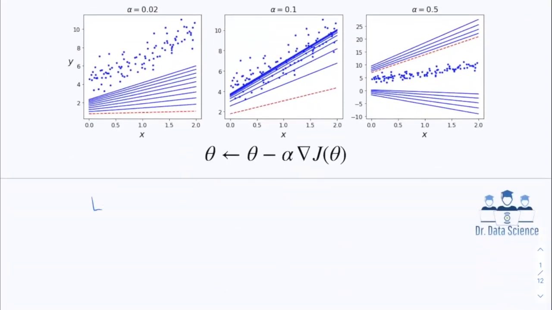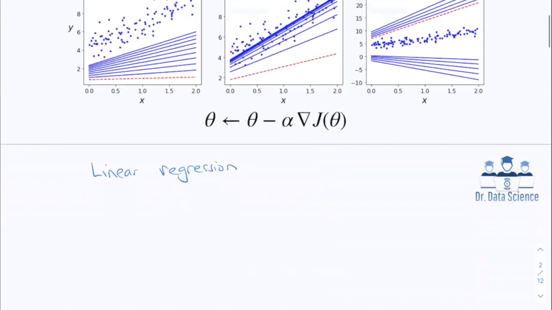So what is a linear regression? The hypothesis that we use in linear regression is that the output is connected with the input variable through a simple linear equation. So here x is the input variable, also known as the independent variable.